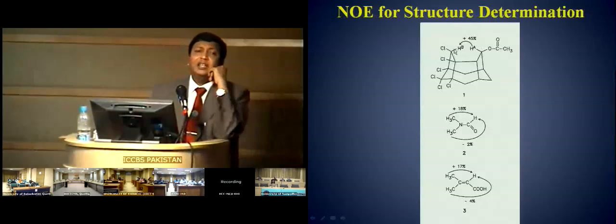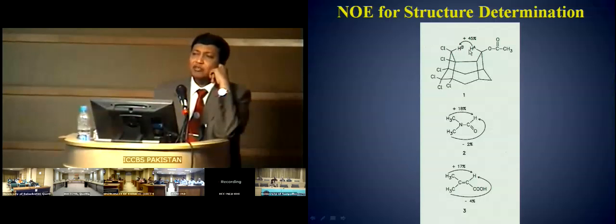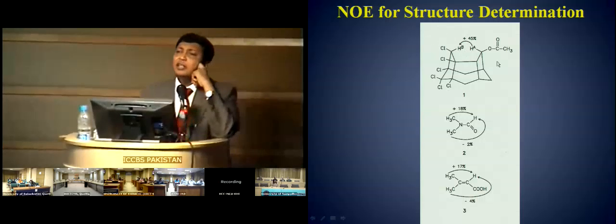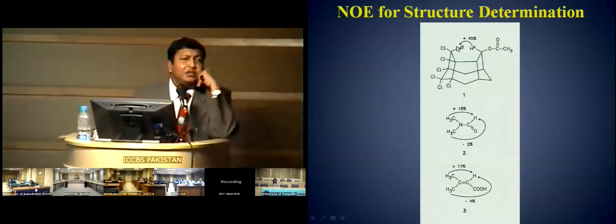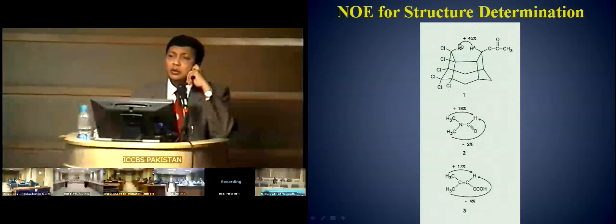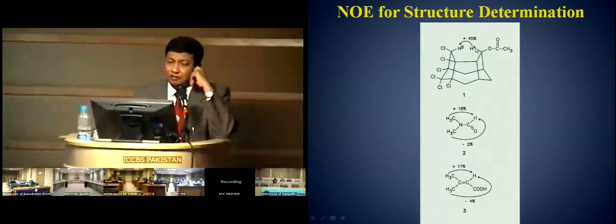Ideally you would like to see that if there is 10% NOE, they are close to each other about 6 angstrom, and if it is 20% NOE, then they are about 3 angstrom. You would like to know the internuclear distances between protons by using NOE, right?